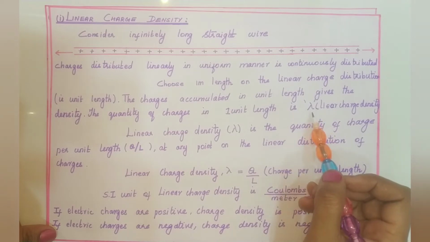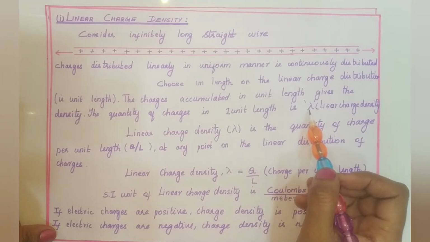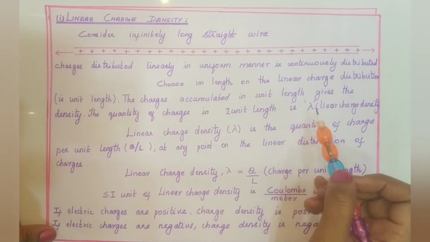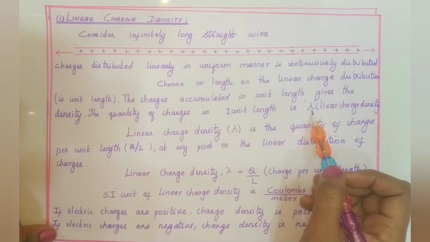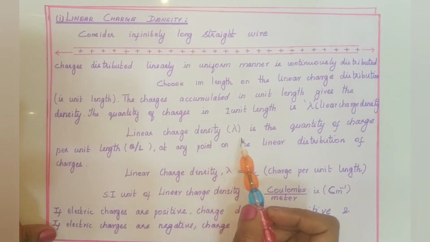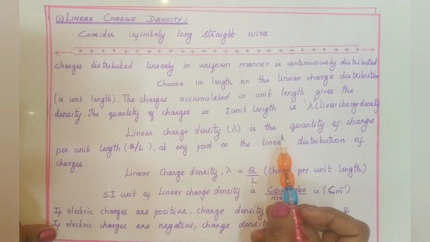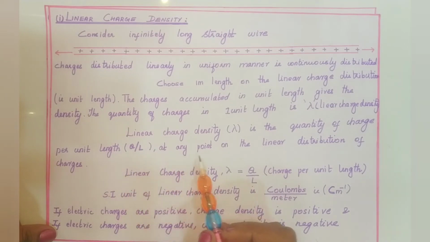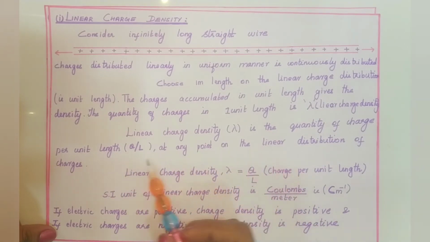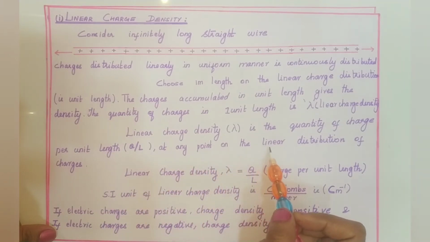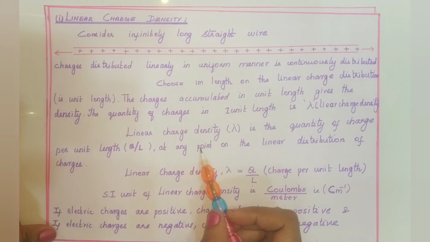Okay? That is, for 1 meter of length, how much charge is accumulated. If the length increases, the value of the charge accumulation also increases uniformly. And linear charge density lambda is the quantity of charge per unit length at any point on the linear distribution of charges. Since the charges are distributed linearly, the quantity of charges will be uniform.